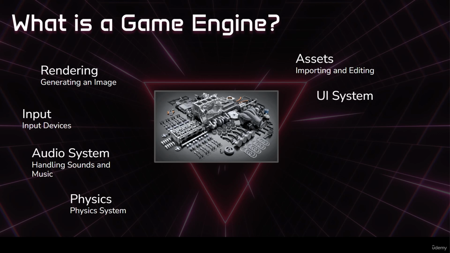There needs to be a way to create the UI for the game and link it up with the actions that those UI elements are supposed to affect. Now, all of these features are typically built into a game engine. It's not expected for a game developer to create their own physics system, for example. These are all part of the game engine package that game developers use when they're creating their games.